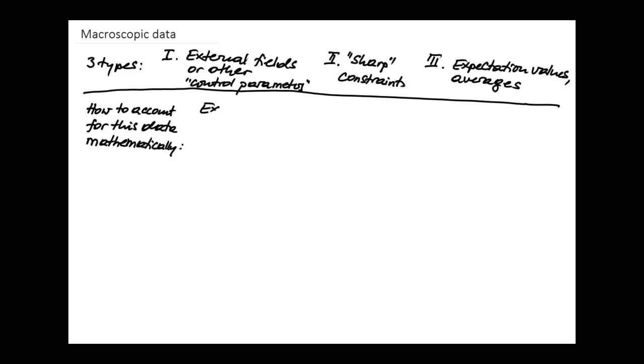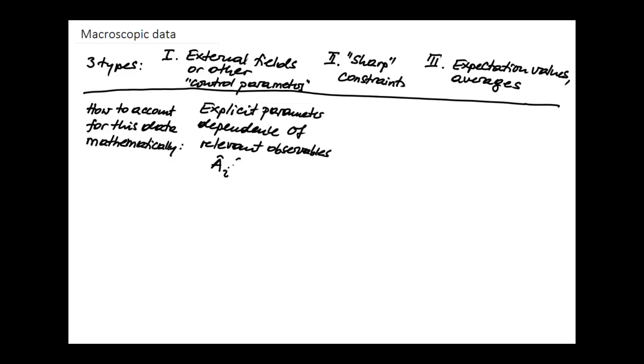So this manifests itself in an explicit parameter dependence of some or all relevant observables. Let me call the relevant observables A_i, and they now get a dependence on the control parameter, which I call X_i.